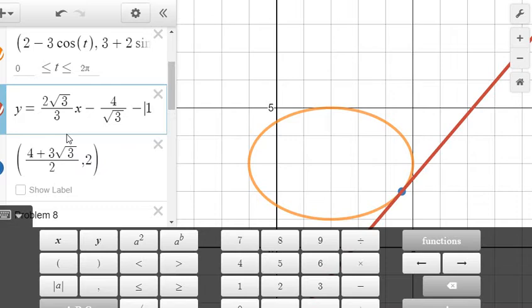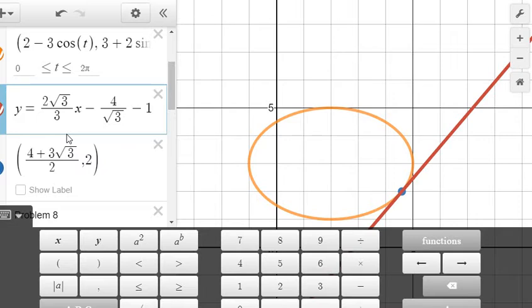What else here? Let's take a look at arc length. Arc length in parametric form.